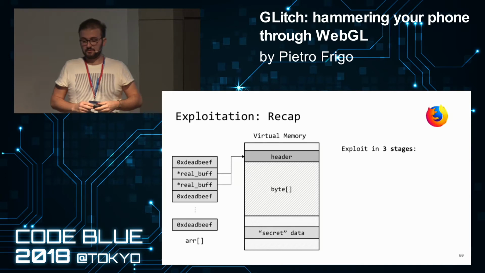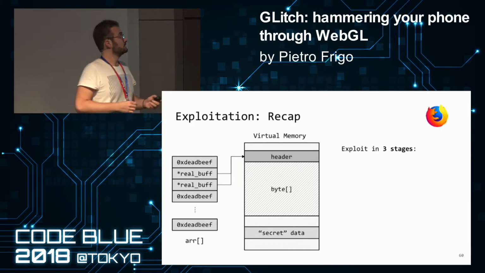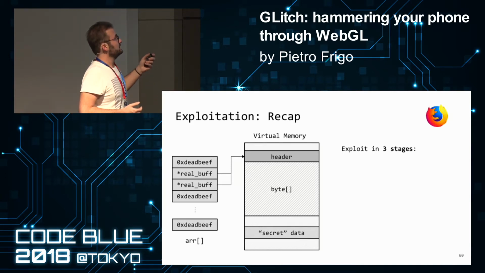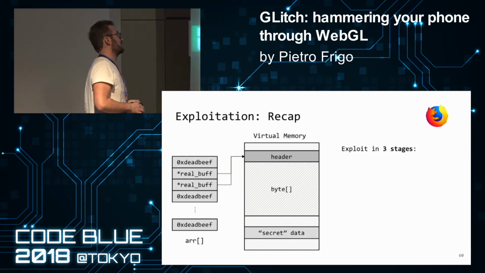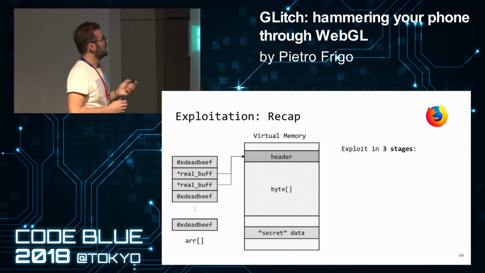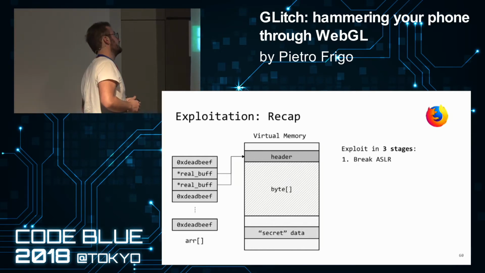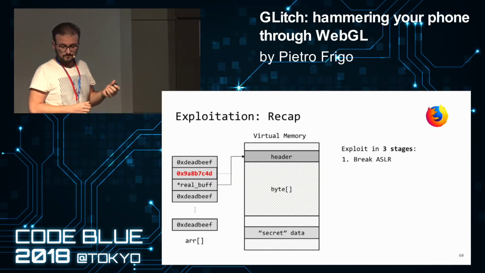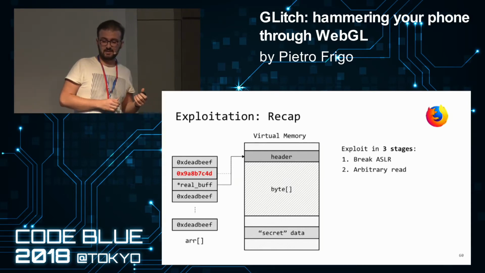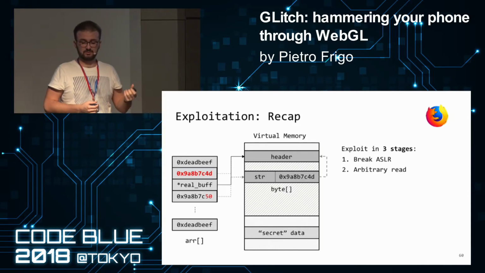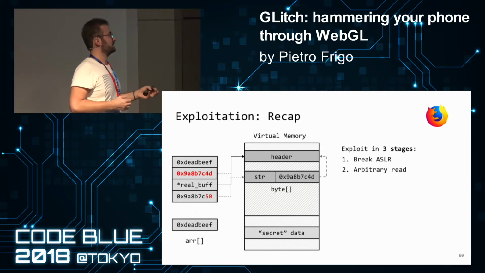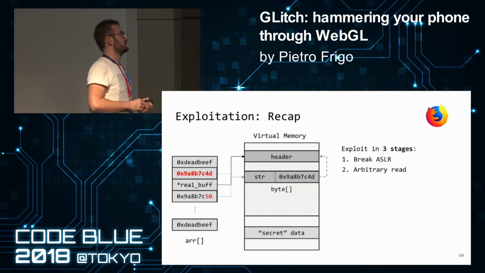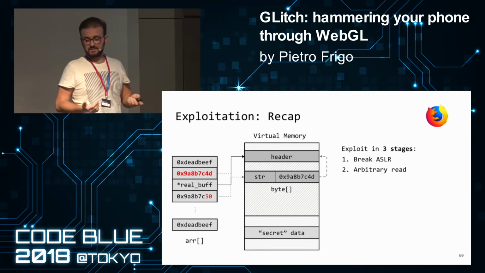So a quick recap of how this works. You have your array with the reference to the real array buffer. You first break ASLR by triggering a bit flip in the pointer to the array buffer. Once you break ASLR, you can get your arbitrary read. So you just write your double. You create a custom double that with a bit flip will point to your fake string.